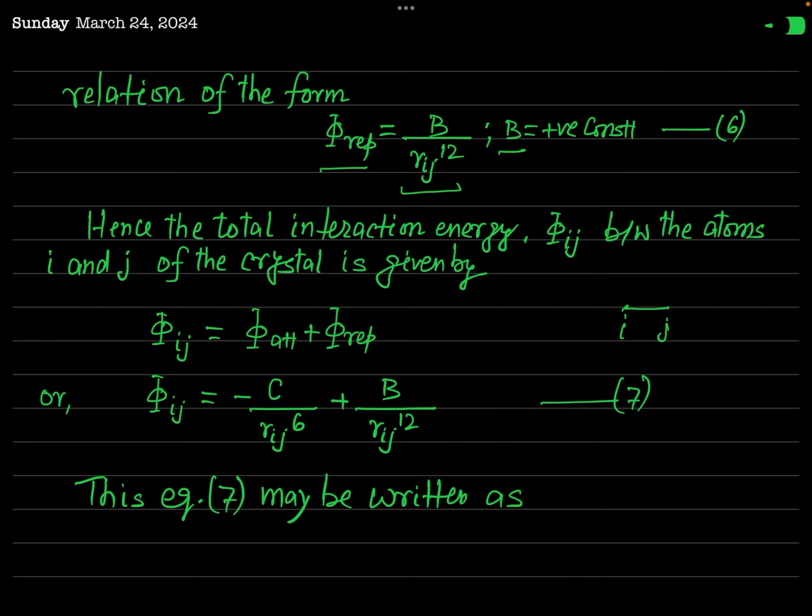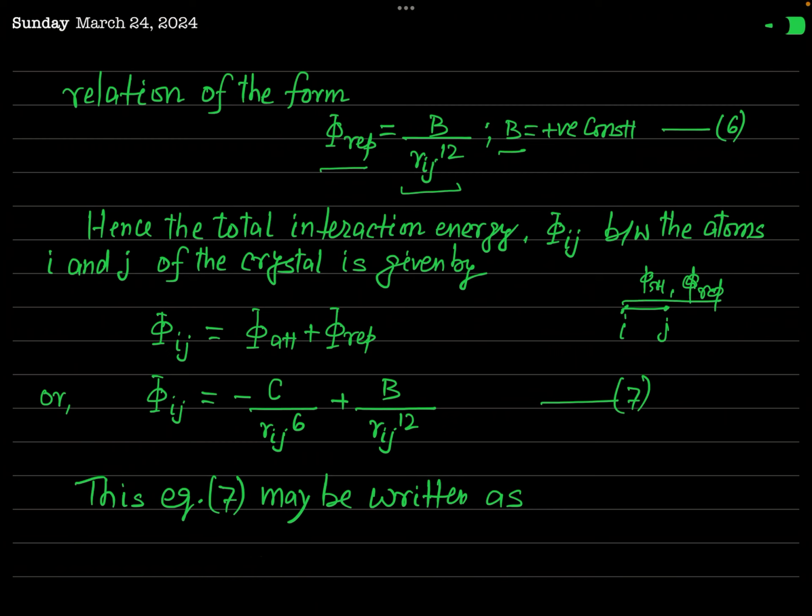Okay. So now you can see when there is an interaction between the ith and jth atom, there are two types of interaction, van der Waals interaction and repulsive interaction, and due to those two types of interaction energies are developed. The first interaction energy you have defined as phi attraction, and the second type of energy you have defined as phi repulsion.